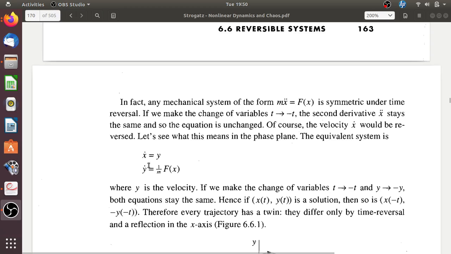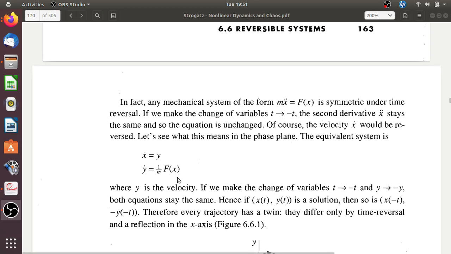What about y? y is basically a velocity, so that will also be a minus. So minus x dot is equal to minus y. That's what we get after we do this transformation, and both the minus signs cancel and we regain this form, x dot is equal to y.